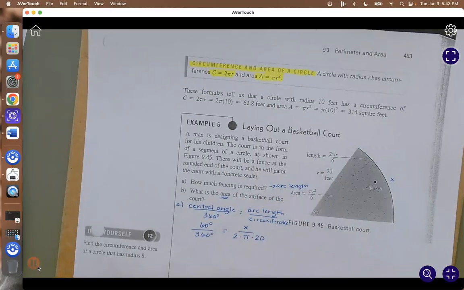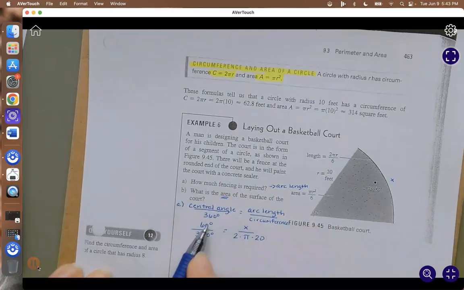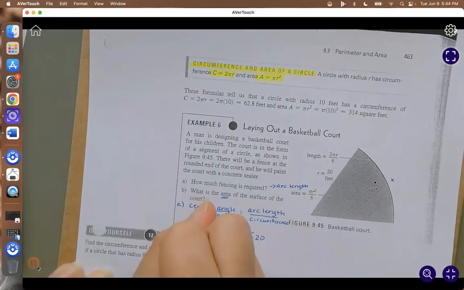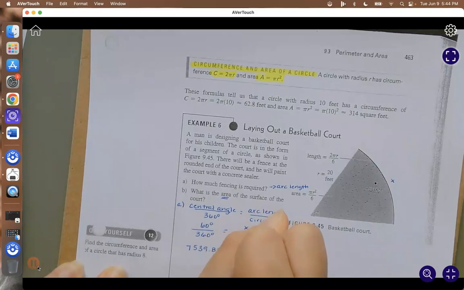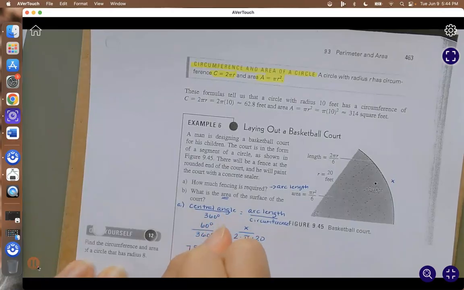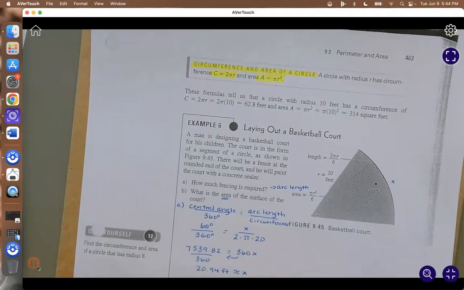Tells you right there. So, cross multiply this. So 60 times 2 times pi times 20, which is 7539.82 equals 360x. So I divide by 360 and I get 20.94 feet. That is my arc length. That's how much fence I need.